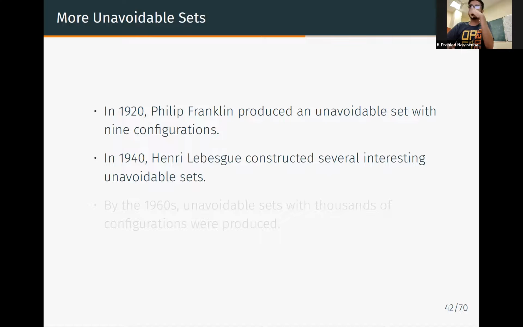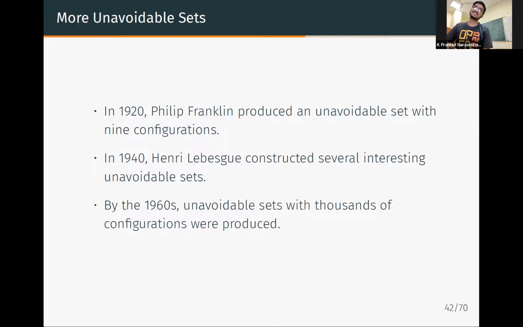Anyway, he constructed several unavoidable sets. And Lebesgue, once again, is a huge figure in math. If you've studied any analysis, you would have come across his work. In physics, people use Lebesgue integrals all the time as well. He also gave his shot at the 4-color theorem, which he couldn't do. And by the 1960s, unavoidable sets with thousands of configurations were produced. So you can already see that things are getting large, right? And this was the reason why computers became a thing.